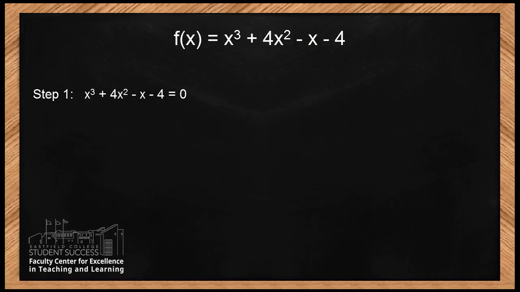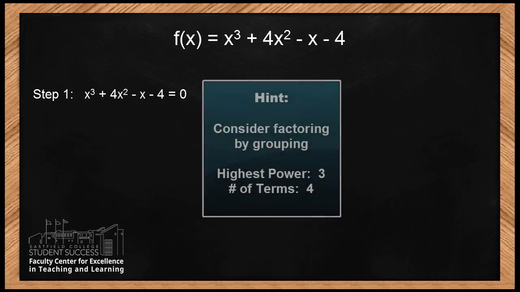Not only that, we have 4 terms. Let's count: 1, 2, 3, 4. When we have 4 terms and the highest power is 3, a big hint, consider factoring by grouping.